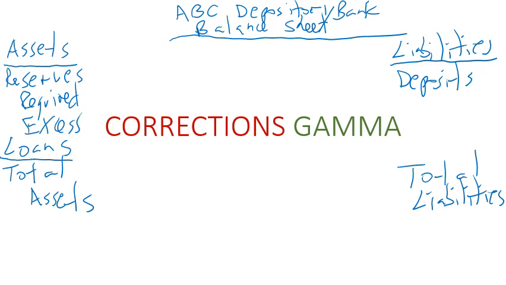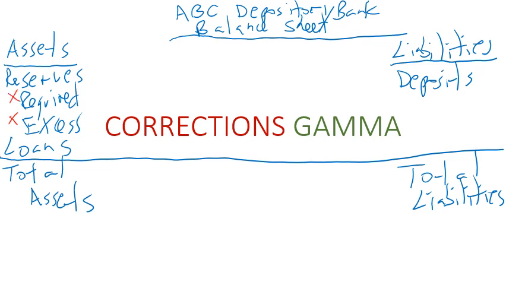Okay, so let me draw this line here. Let's come back to the asset side. Excess reserves plus required reserves is equal to total reserves. And then total reserves plus loans is equal to total assets.